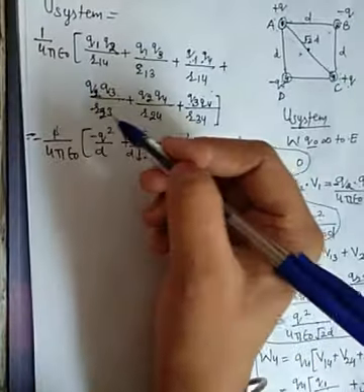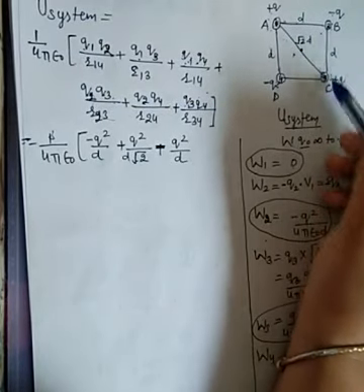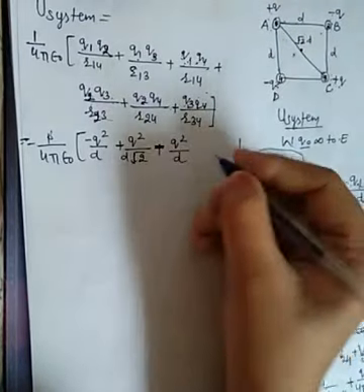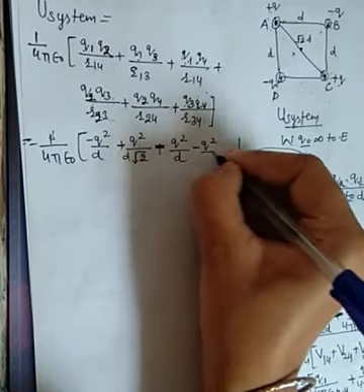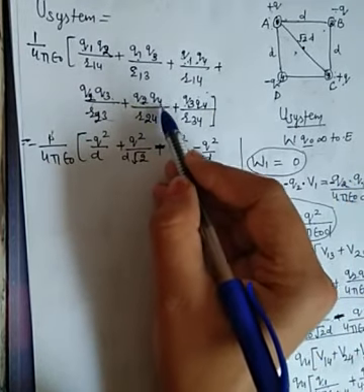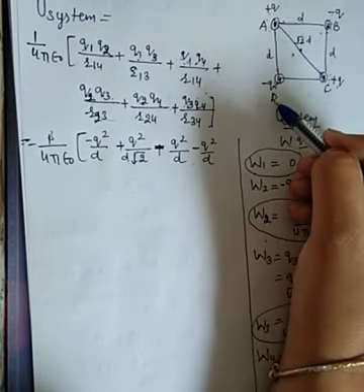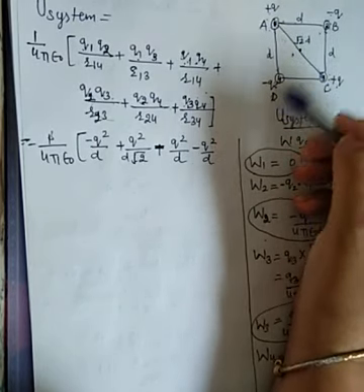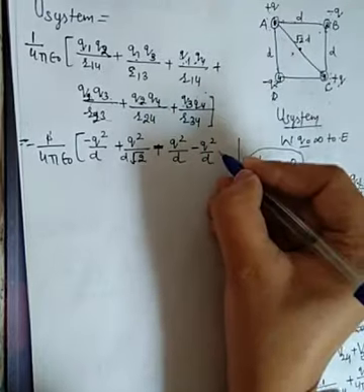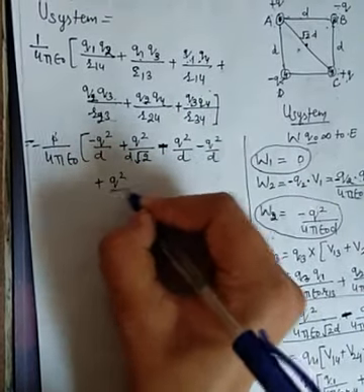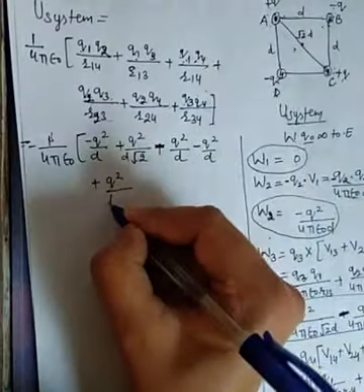Q2 Q3, that is Q into minus Q, minus Q square upon D. Q2 Q4, Q2 is this one, and Q4 is this one. And what about product? Minus Q into minus Q, plus Q square. And what about the separation?